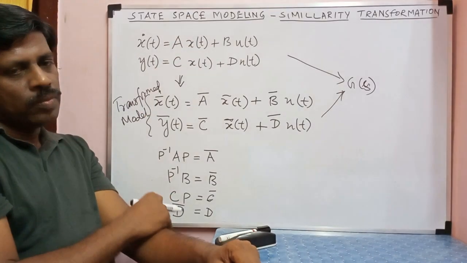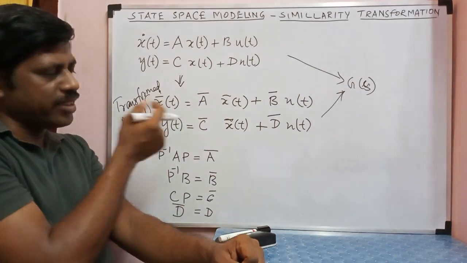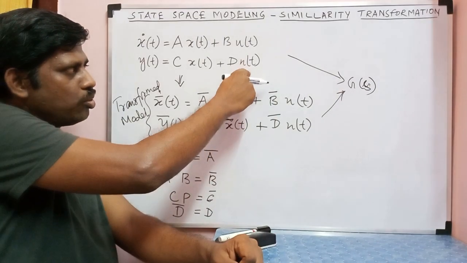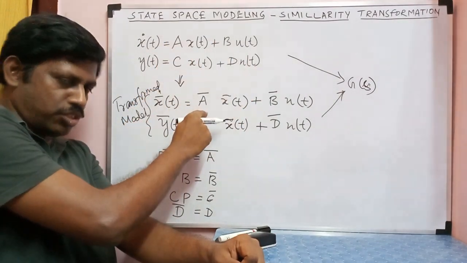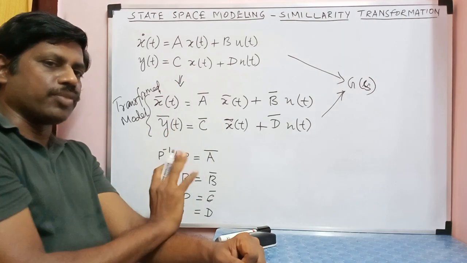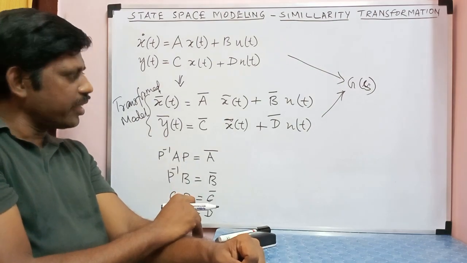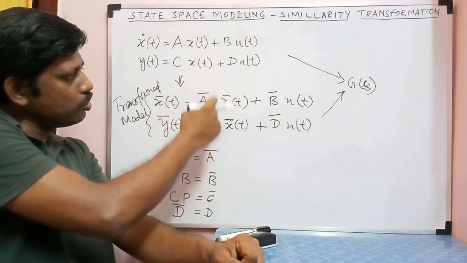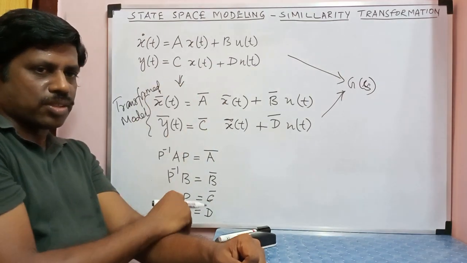And the third thing is the input-output relationship. If I give u of t, whether I use this model or this model, I should get the same output y of t. If that is true, then I can say that these two models represent the same system.